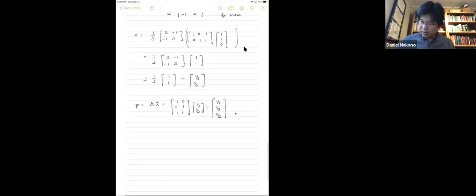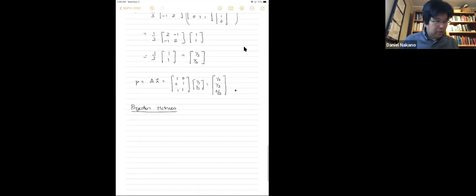Okay. So let me just talk about projection matrices really quick. Here P is going to be equal to A times A transpose A inverse times A transpose. And if you work this out, this is the n by n matrix.